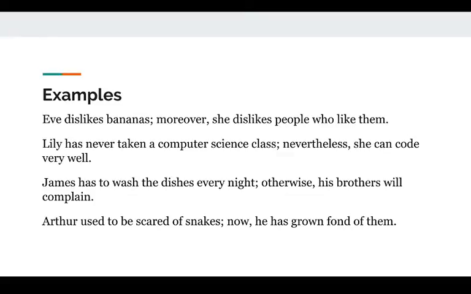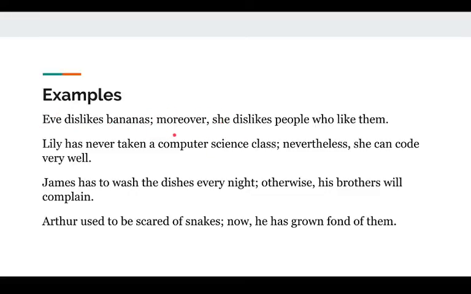In the sentence, "Eve dislikes bananas; moreover, she dislikes people who like them," we have a transitional adverb, and like I said, it's sandwiched between two different punctuation marks, the semicolon always before and the comma always after.